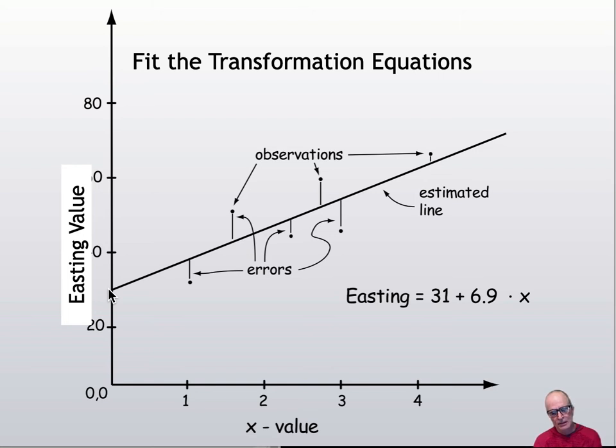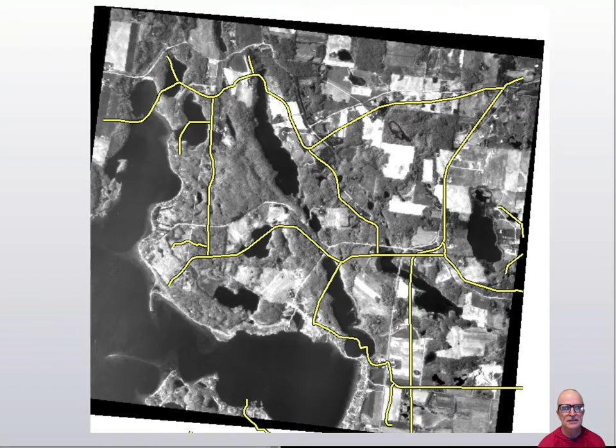So there's a matching, a control point development set, and then an estimation set. You estimate the parameters of the equation, and then there's a transformation set where it takes your input image and runs it through your fit equations and does an output image in the new easting and northing value coordinate system. So 3 main steps. There's the control points, matching, the equation estimation, and then the transformation process.